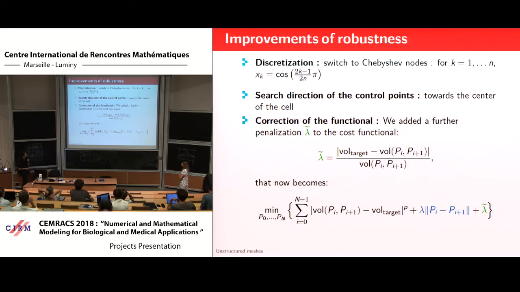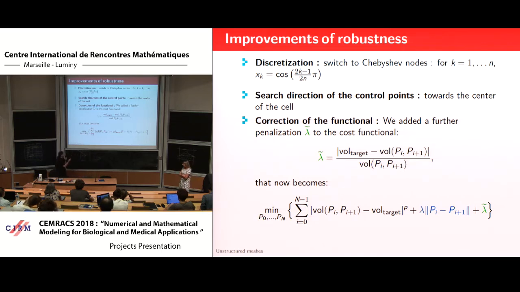So finally, we tried to add a new penalization term into the global cost functional. And the new penalization writes like this. It is a kind of local norm weighted by the area between the interface and the internal curve.